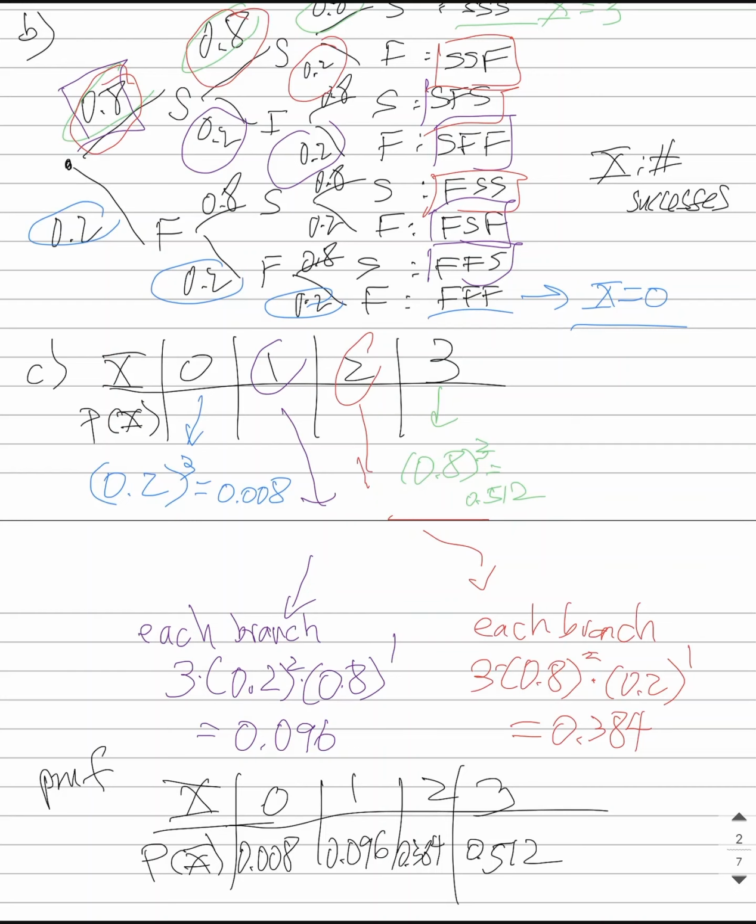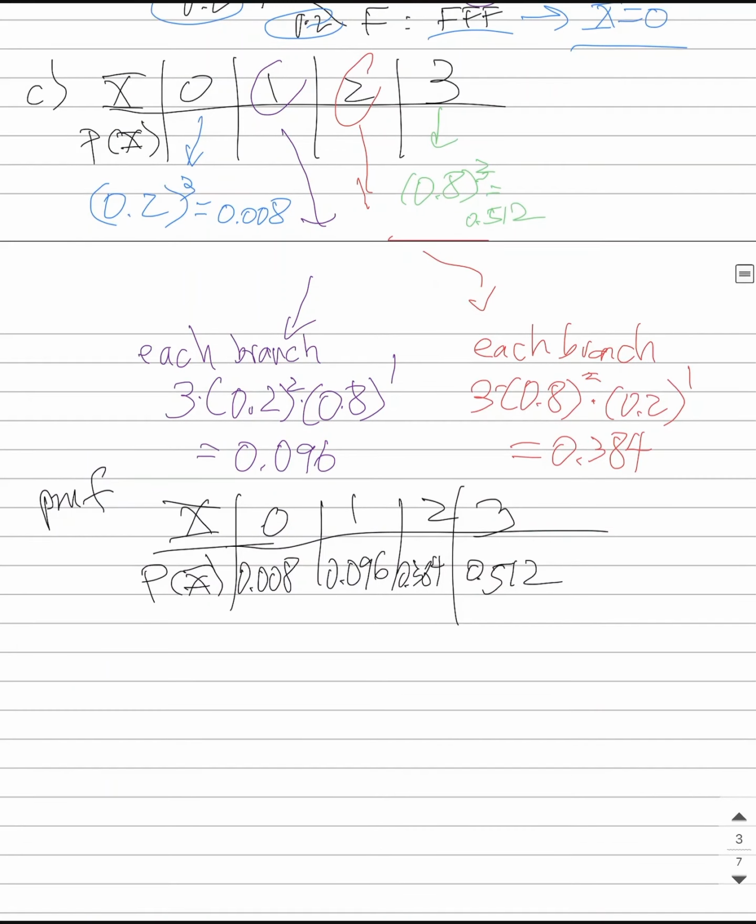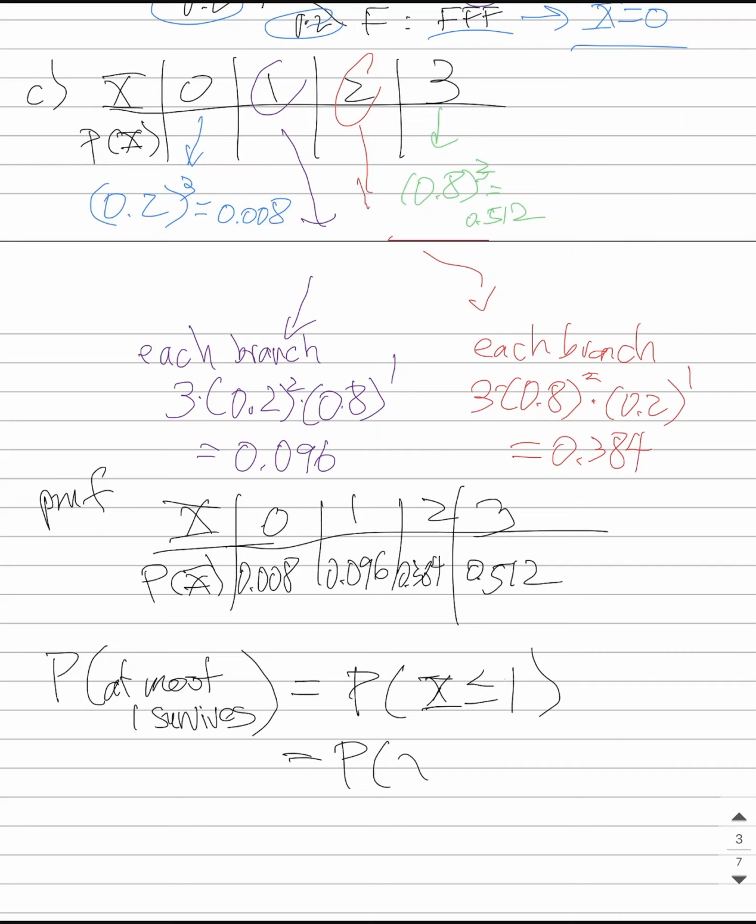Now, if it comes time to ask certain questions, like what is the probability that at most one person survives, this is straightforward because this talks about the random variable, and it's saying, oh, my mistake, that you can't have any more than one person. So this would simply be the situation where you've got probability of x is 0 plus probability of x equals 1, and you could just add these 2 values.